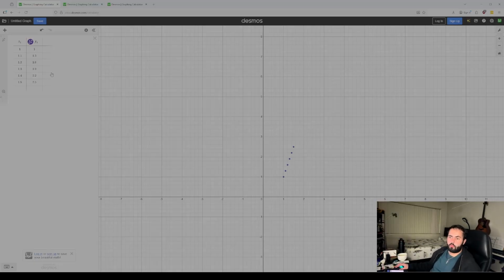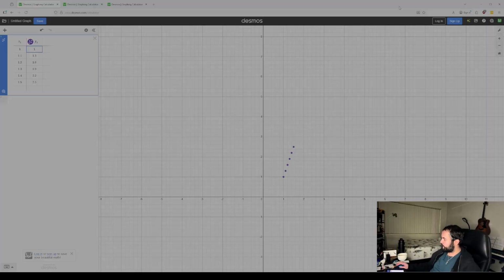Knowing that the slope of this function is equal to 3 and that our starting point at x equal to 1 has a function value of y equal to 1, let's try and predict what value this function is going to have at x equal to 2, x equal to 3, and x equal to 4.